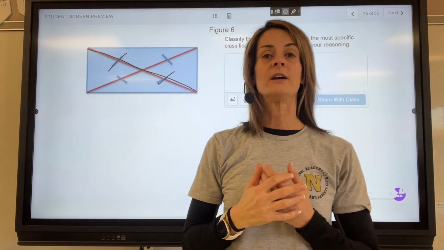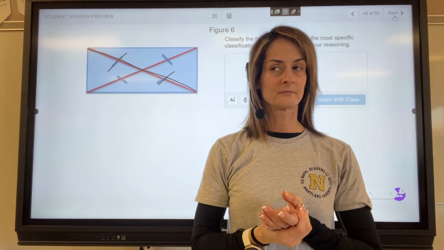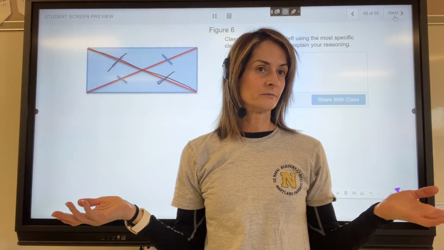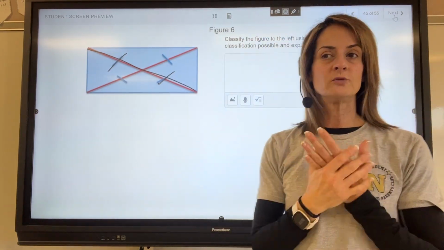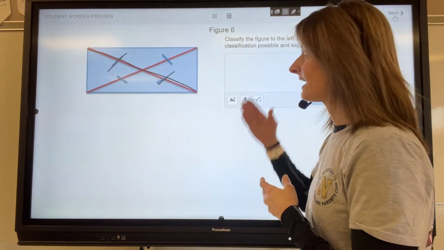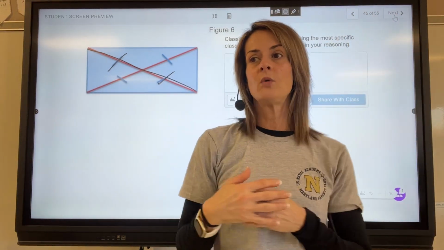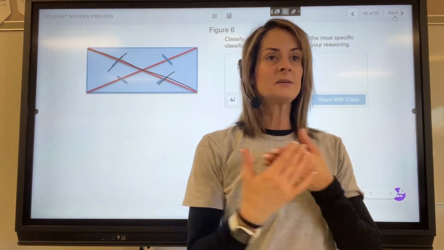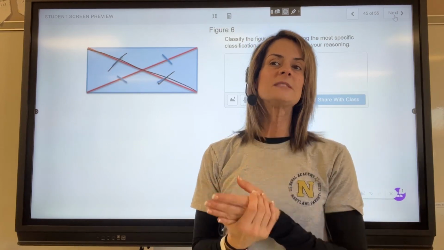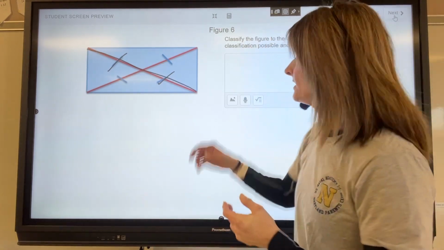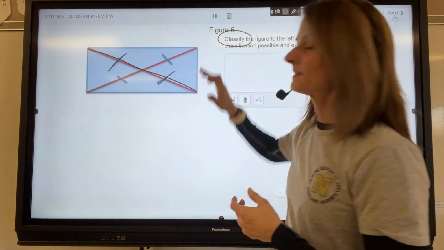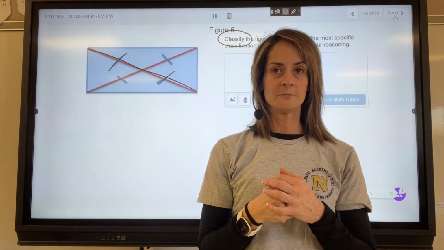So we know it's a parallelogram. It's also a quadrilateral. I wouldn't want to write quadrilateral or parallelogram to classify this figure because even though it is a quadrilateral and it is a parallelogram, it's not the most specific name for this figure. When they use the word classify, they want the most specific name for the figure.